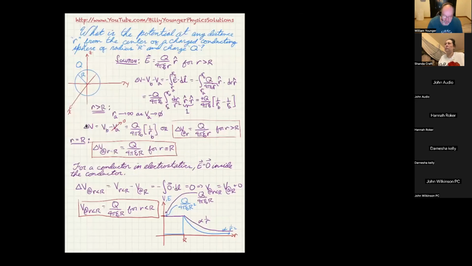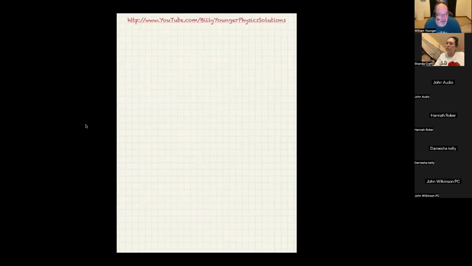All right, so there's another problem, and what we're wanting to do is basically show that the breakdown voltage is directly proportional to the electric field strength.